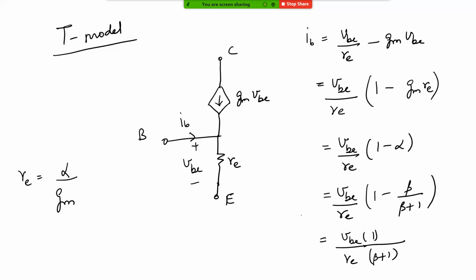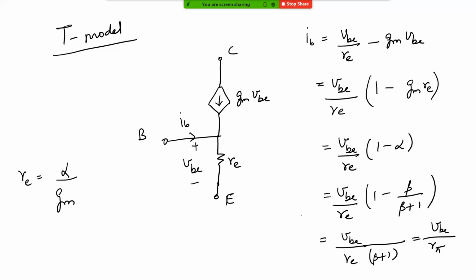That gives vbe times beta plus 1 divided by re times beta plus 1. Now what is re into beta plus 1? Basically r pi. So this ends up being vbe by r pi, which is what we had in the hybrid pi model also. This is basically just to make sure that we know what we are doing.